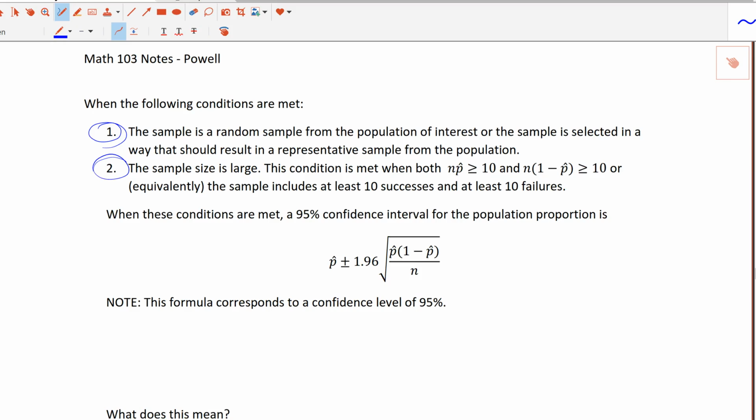And when those conditions are met, a 95% confidence interval for the population proportion looks like this. Okay. So this formula corresponds to a confidence level of 95% because of that number right there.